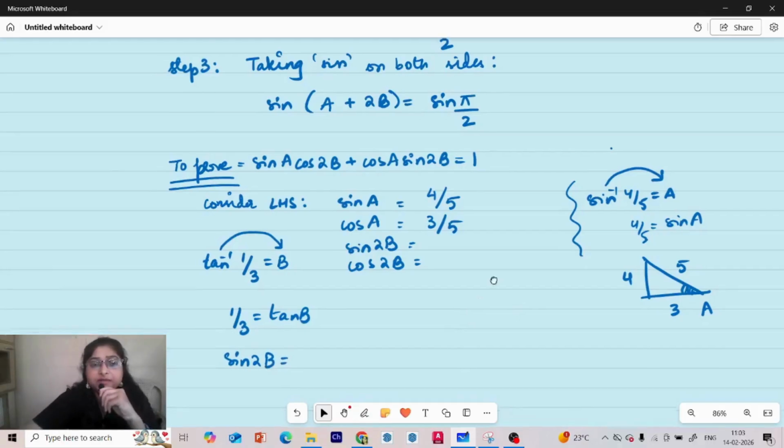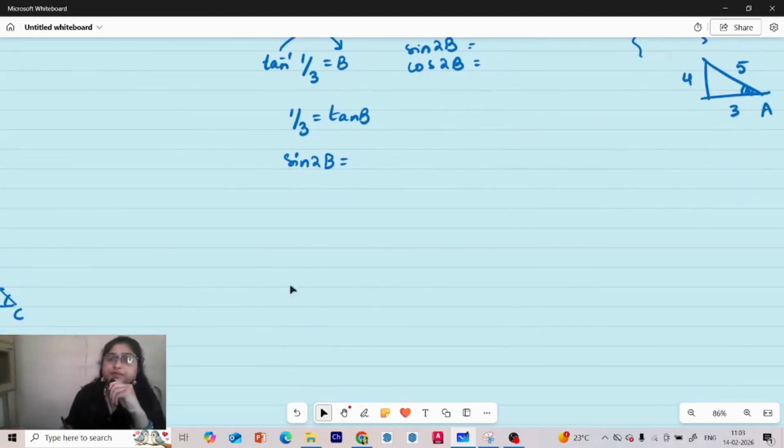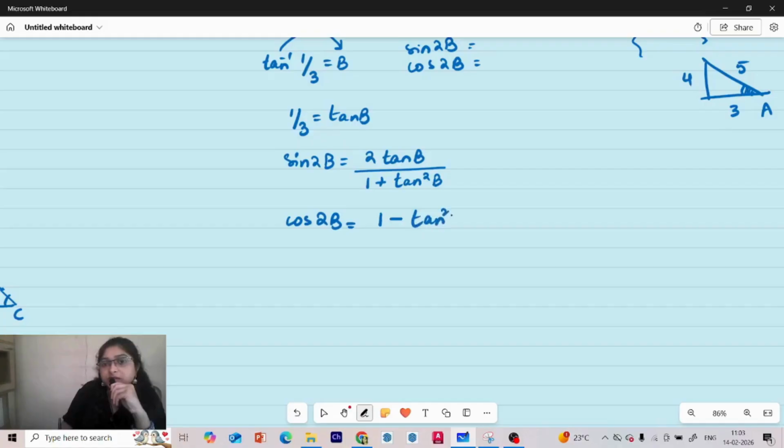Always remember: sin 2b is equal to 2 tan b by 1 plus tan square b, and cos 2b is equal to 1 minus tan square b by 1 plus tan square b. We've learned this in our trigonometric identities, the transformations, ratios chapter.